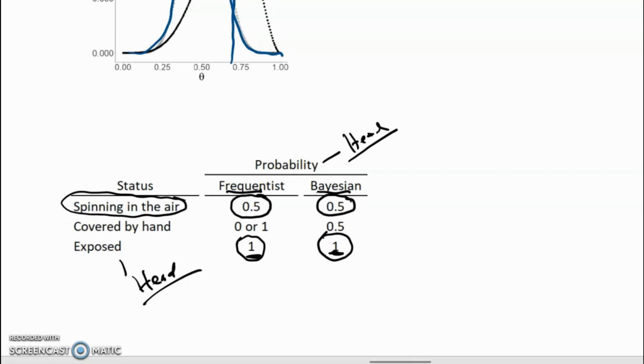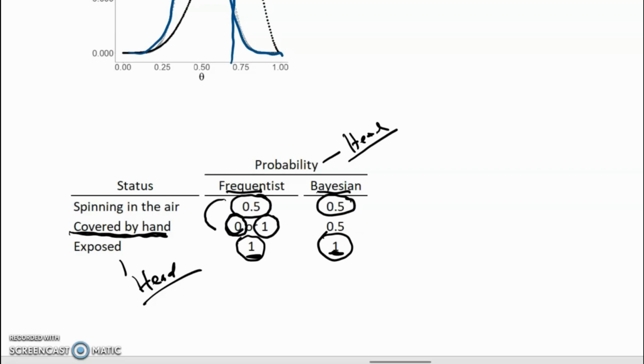The distinction lies when the coin is on the table, covered up by the hand. The frequentist thinks about the way the world actually is. And what the frequentist would say is that once that coin has landed on the table, everything's settled. The game's over. Either it is a tail with a probability of 0 of being a head, or it's a head with a probability of 1 of being a head.